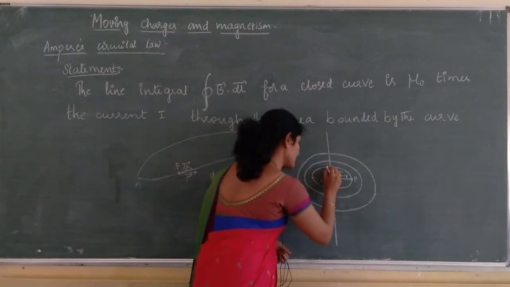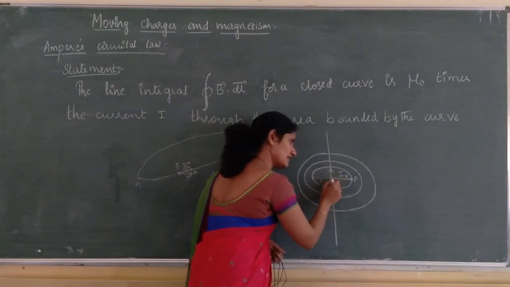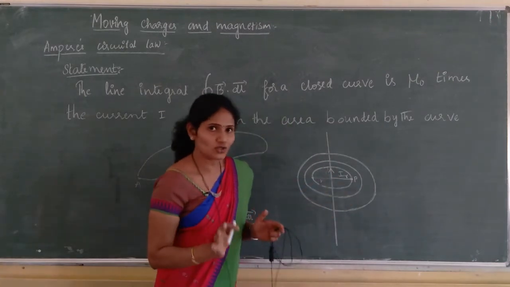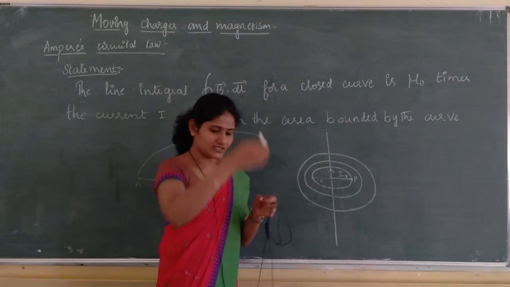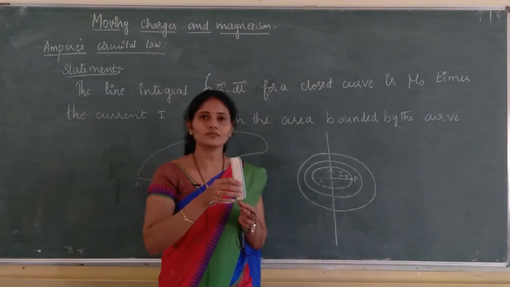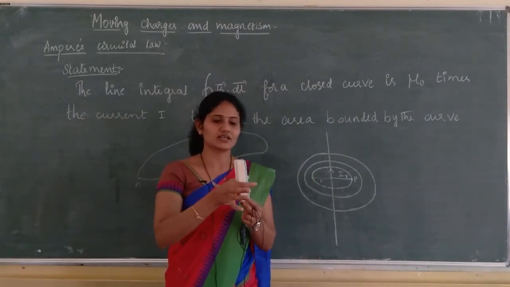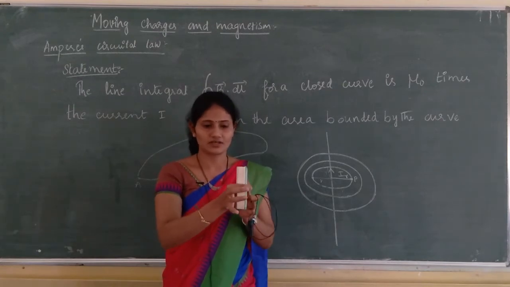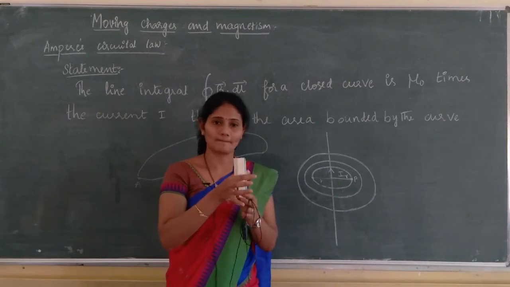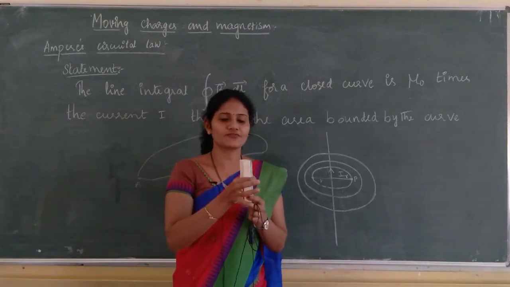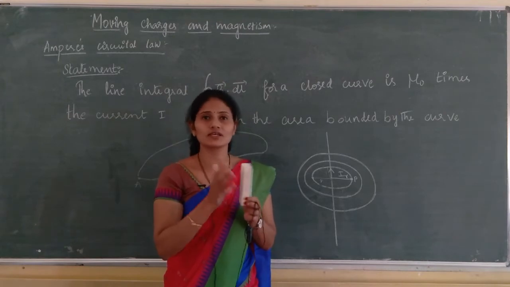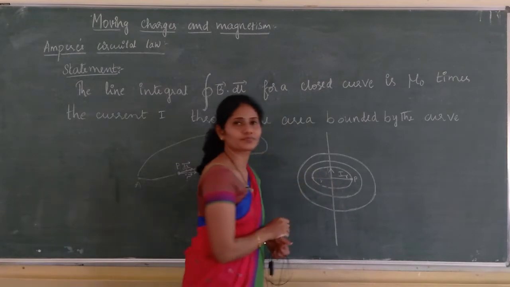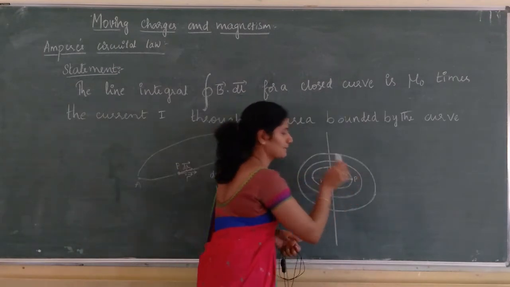If I consider a point here, this is r. If r is constant, just imagine that this is a conductor and this is a closed curve. At every point, the distance from the conductor to the point is the same. So, r is the same. This is the point P.